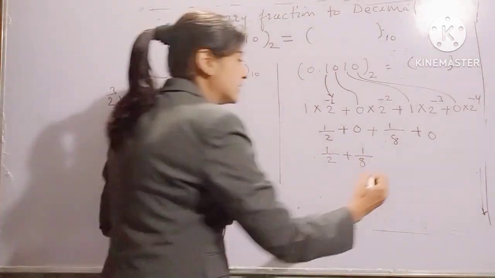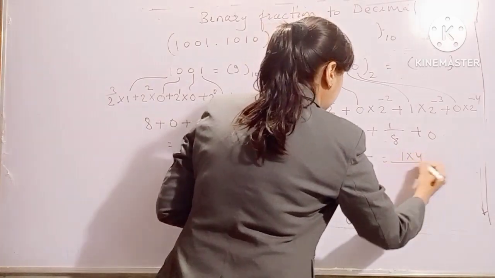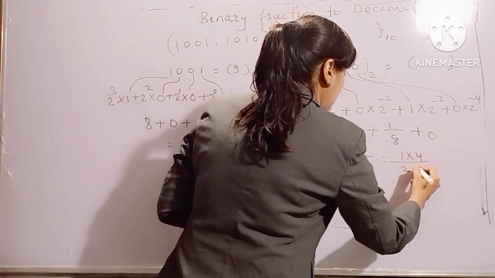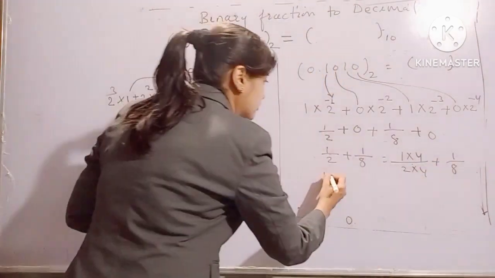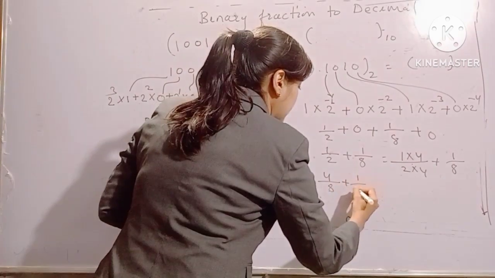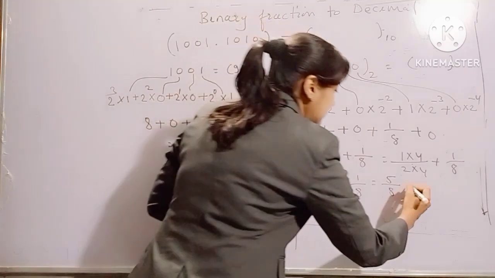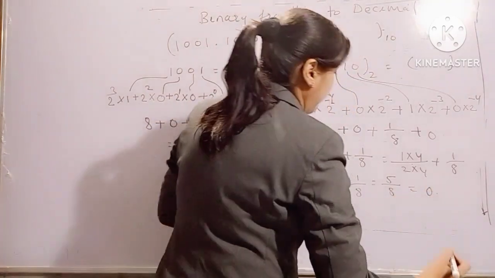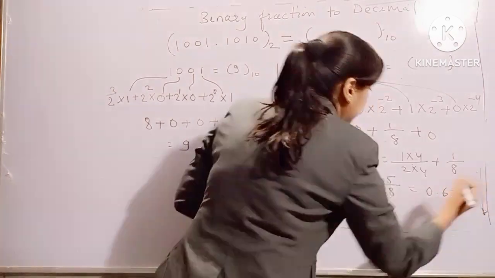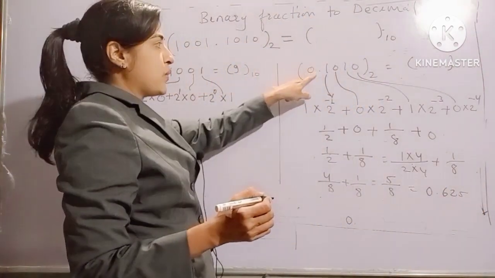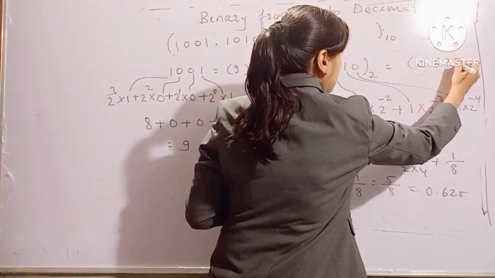I need to make the denominators the same so that I can easily simplify. So 4 upon 8 plus 1 upon 8, it comes out to 5 upon 8. So what I will get is 0.625. So for 0.1010 I am getting 0.625.